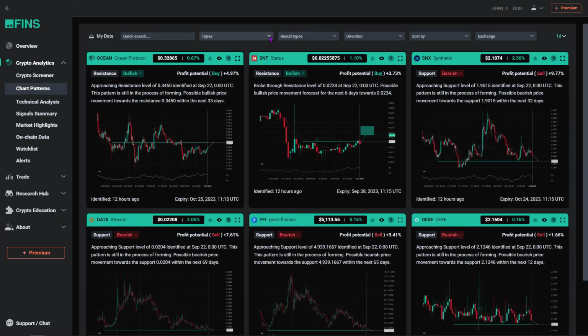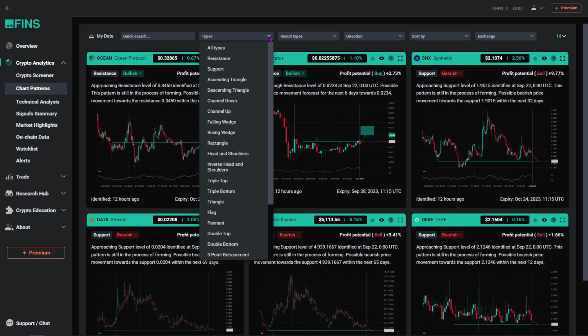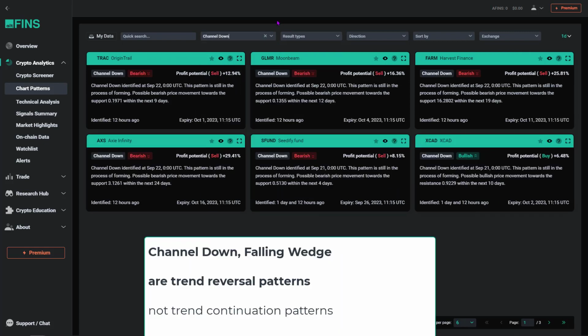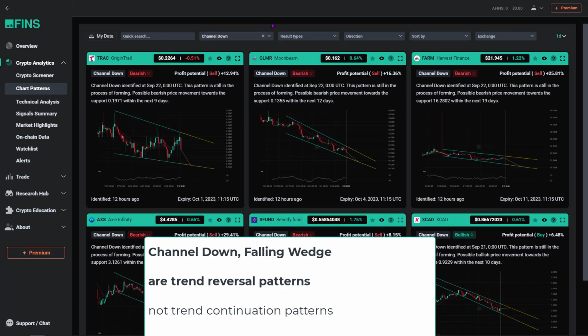Within this section, depending on what you like to trade, more recently we've seen a lot of channel down and falling wedge patterns. And both of these patterns are trend reversal patterns.